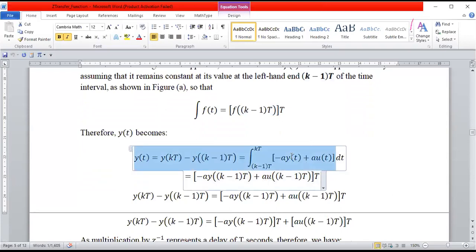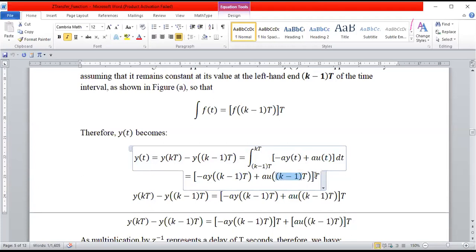So this was the equation we arrived at previously. Using the forward rectangular rule, in place of this integration, you are going to replace y of t and this u of t with their values at (k-1)T. Instead of this t, we are replacing it with (k-1)T, and instead of this t, we are also replacing it with (k-1)T.